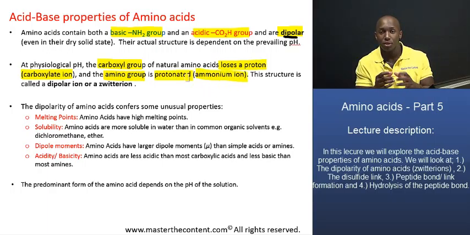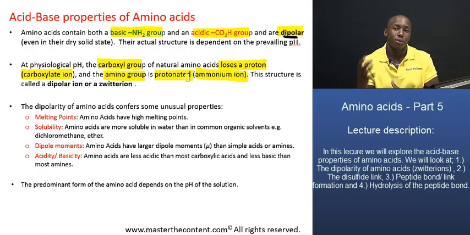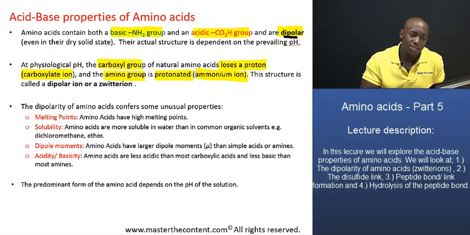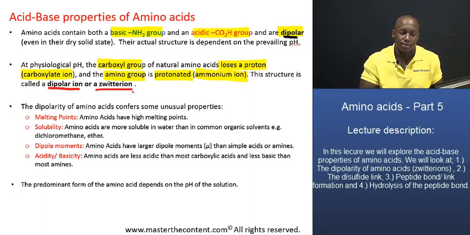So within the same molecule, you have proton loss of the carboxyl group, and you have protonation, or proton gain, at the amino group. So you have a negative charge and a positive charge within the same structure, and this is actually a very unique structure referred to as a dipolar ion, or more accurately, zwitterion.